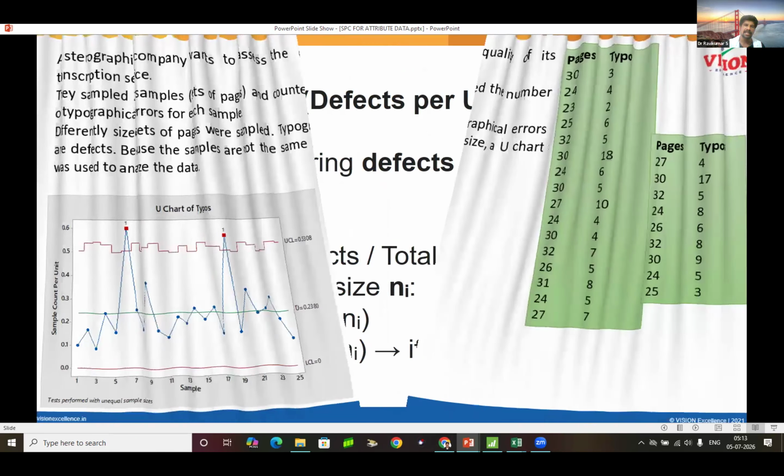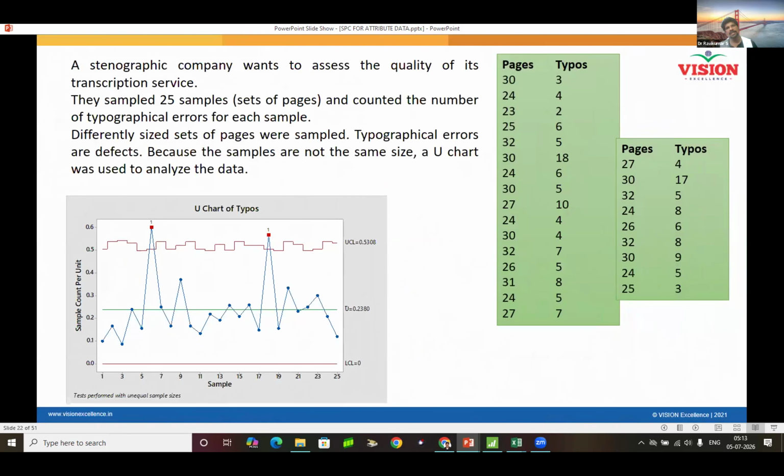Here is an example from a particular stenographer company. A stenographer is making a lot of pages every day. So they sampled 25 samples and counted the number of typographical errors for each sample. Every day they checked a different number of pages.